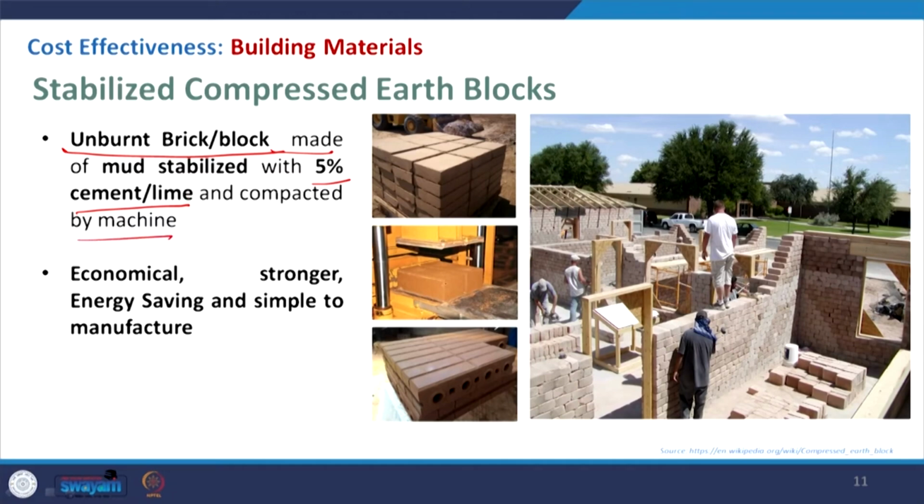So, that is giving enough strength and this is economical, stronger than the conventional one, and also saves energy. Like in the traditional process, the mud has to be burned and that needs some fuel and all, then simple manufacturing, and here you can see that this block can be used, that is giving enough strength.